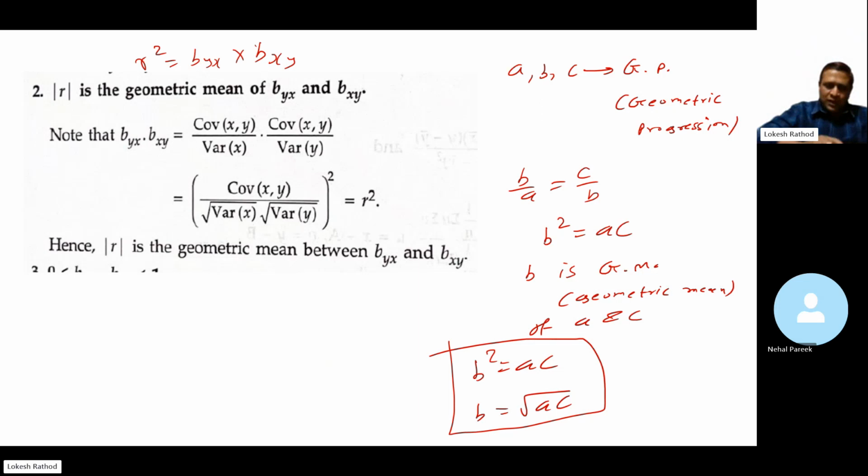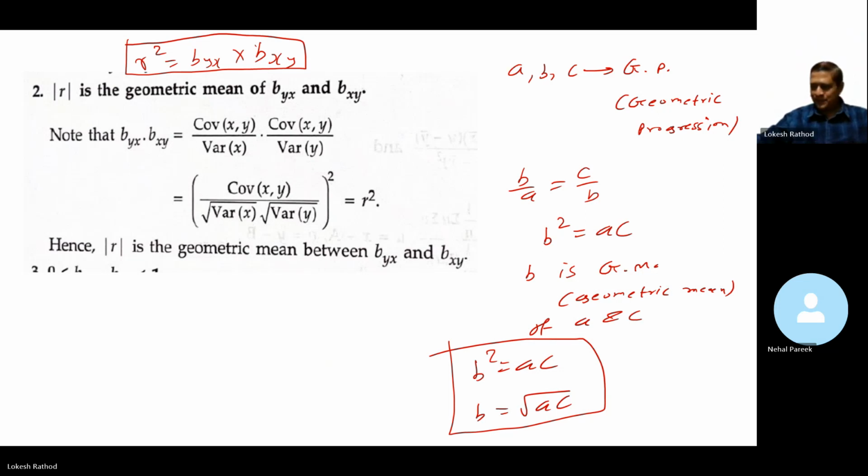So you note it down as a formula. What formula do you need to note down? R square is bYX times bXY. Or you can write R is the GM between bYX and bXY. Because this will help us in questions.